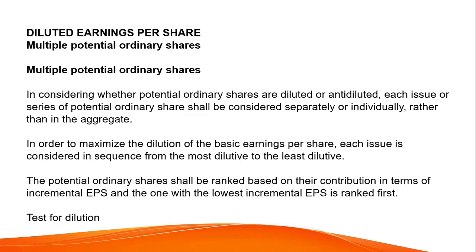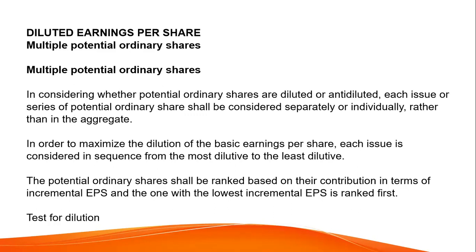Okay, as we know, there are two classes of earnings per share. The one is basic and the other one is diluted earnings per share. Now, multiple potential ordinary shares.